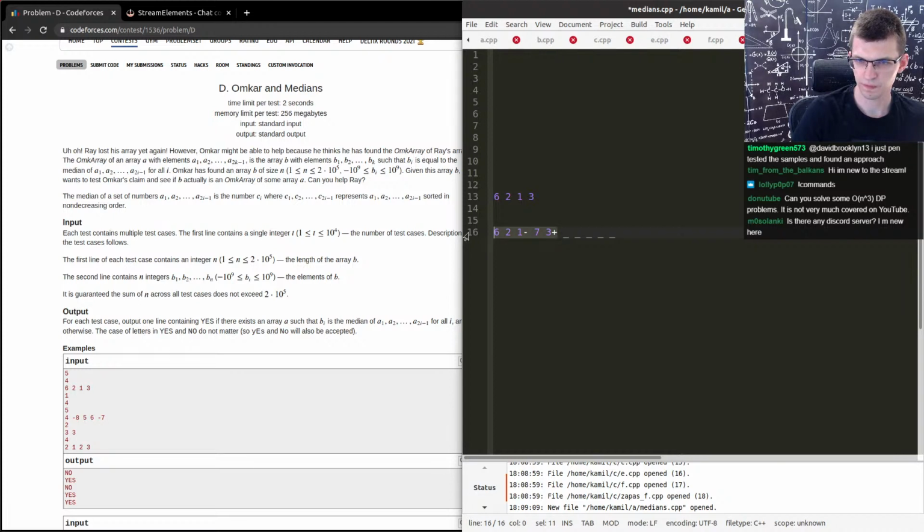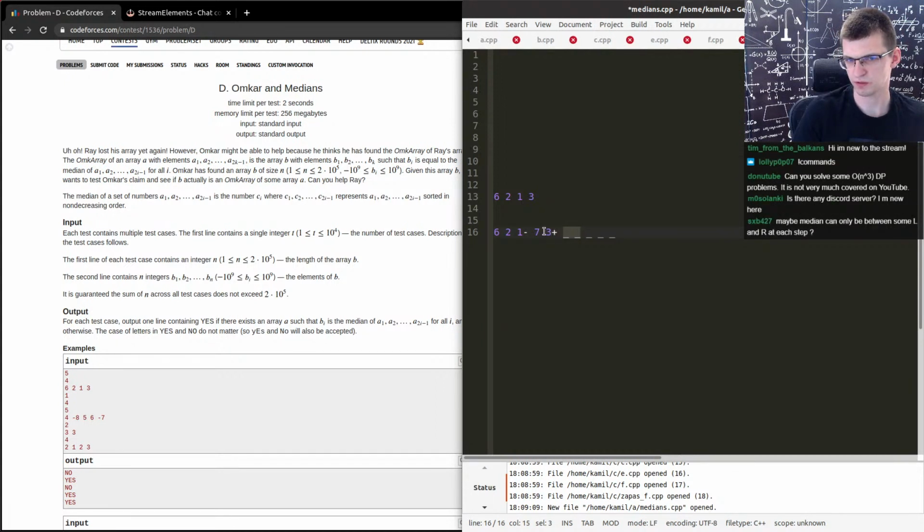Oh. But then, if we know that this must be the median, we can change one of those numbers. We can say that this is actually now this thing, maybe let's say 4. And those two numbers, sometimes they are very flexible. Maybe we should go backwards. Maybe that's easier.